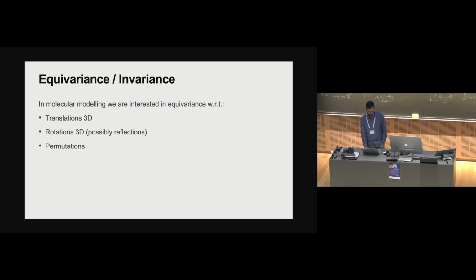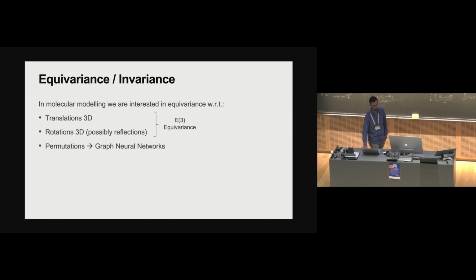In the case of molecules, we're interested in the following symmetries: translations in three-dimensional space, rotations, and permutations. The translations and rotations, we call it E3 equivariance when we also include the reflections. Otherwise, we will call it SE3. And then permutations, this is a concept for graph structured data or point clouds.